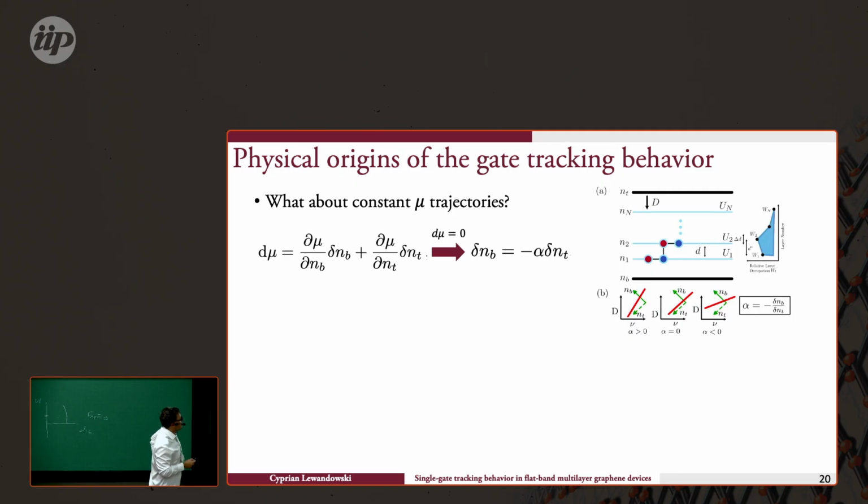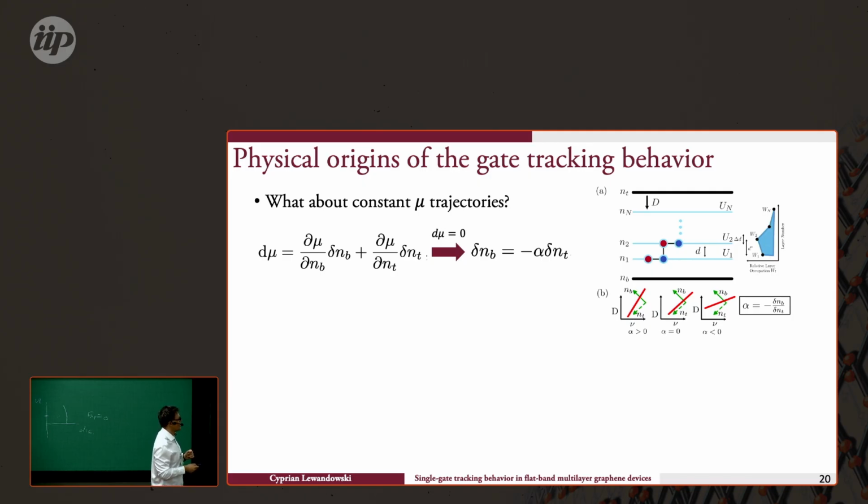And if I think about it in the plane not of nu versus d, but in the plane of top charge and back gate charge, then if my alpha is positive, that means I am counted away from the fixed back gate line. If I have alpha equal to 0, then I have perfect gate tracking.